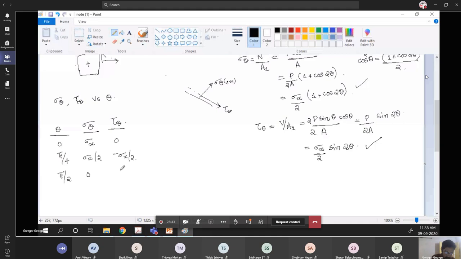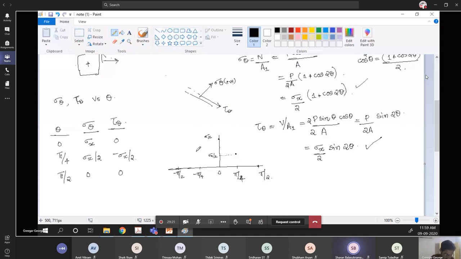For sigma theta, at 0 it is sigma x, for pi by 4 it is sigma x by 2, and for pi by 2 it is again 0. And if you take minus pi by 4 and minus pi by 2, you can calculate it similarly.